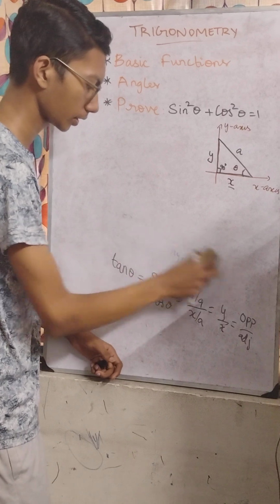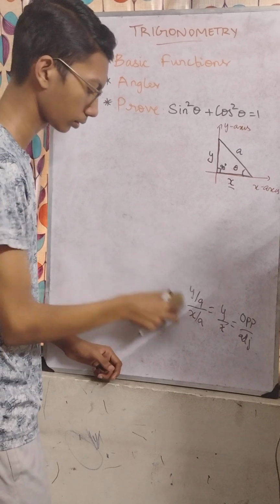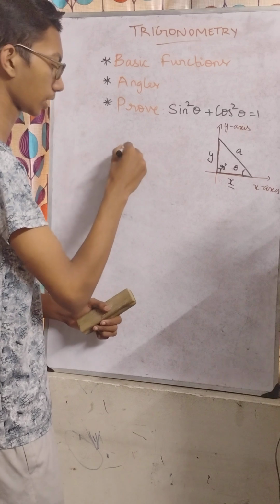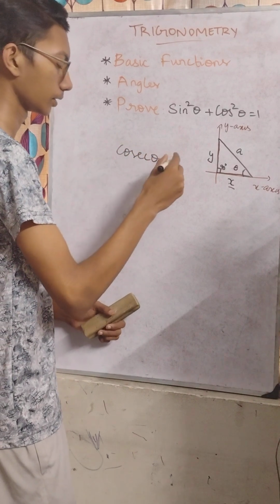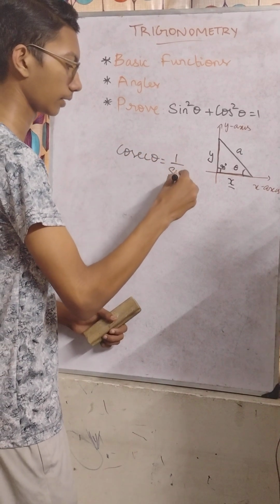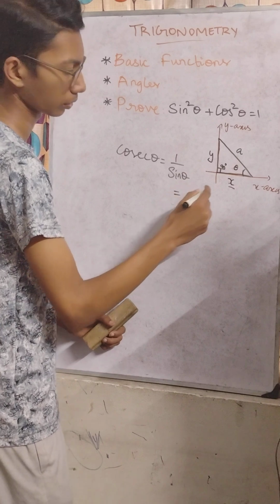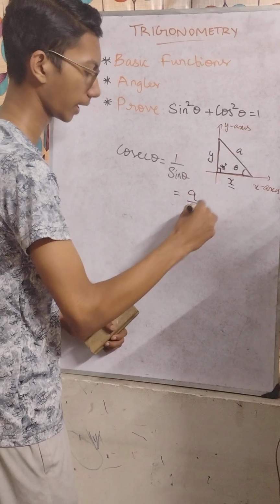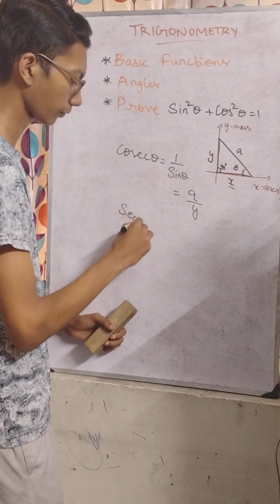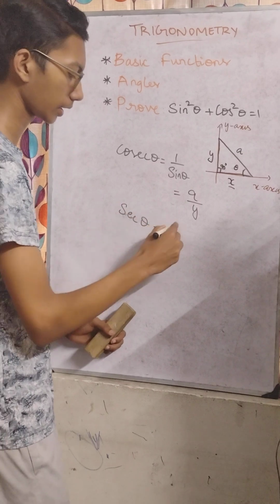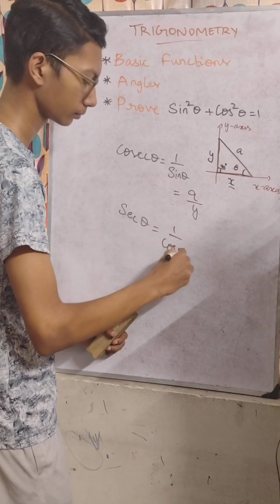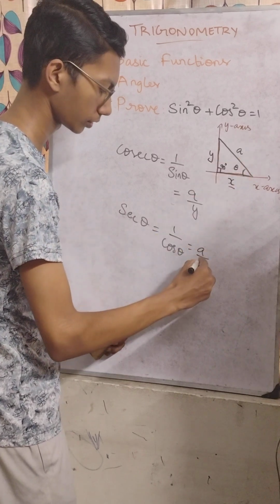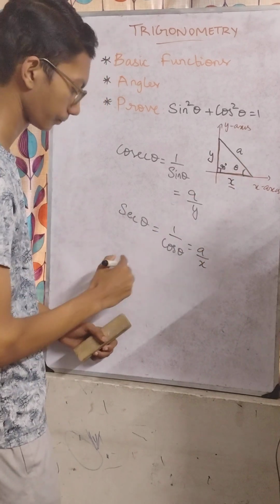Again, for cosecant theta, secant theta and cotangent theta: cosecant theta is just 1 by sine theta. For sine theta we got y by a, so for this we have a by y. The same thing for secant theta. Secant theta is 1 by cos theta. Cos theta is adjacent by hypotenuse, so for this we have a by x.